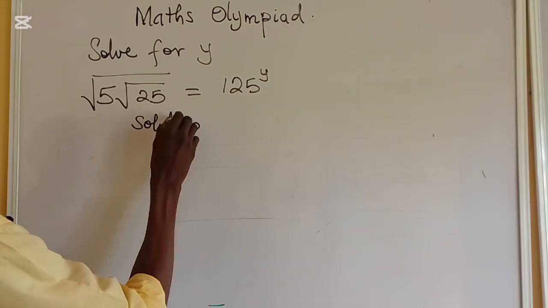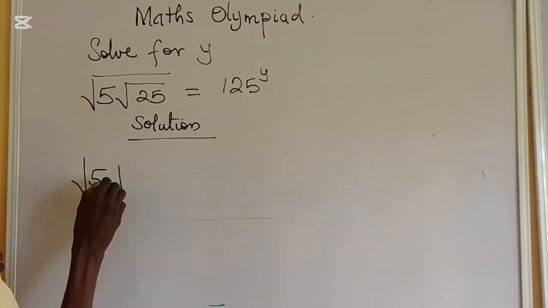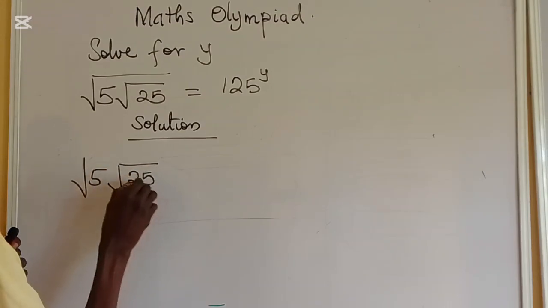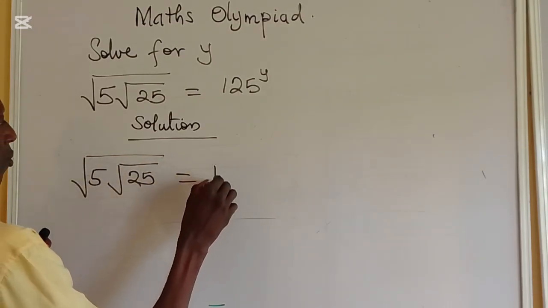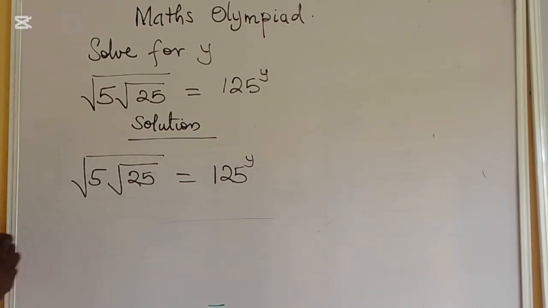Don't disconnect. We have root 5 root 25 is equal to 125 raised to power y. Yes, I can find the square root of 25, and the square root of 25 is 5.